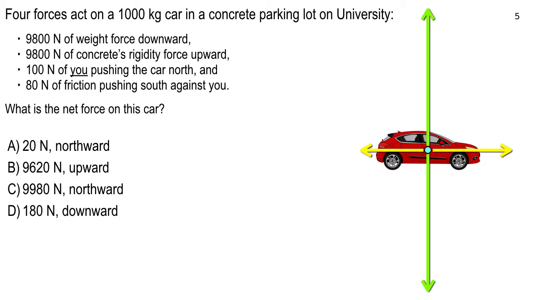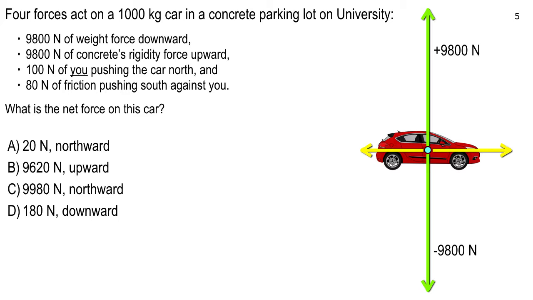Let's take a look at what we got here. We got 9,800 positive and 9,800 negative for the weight force, and the minus sign indicates downward in this dimension. Now those two balance, and that's normally what happens if you're in a parking lot. You're not sinking into the parking lot or floating up away from the parking lot.